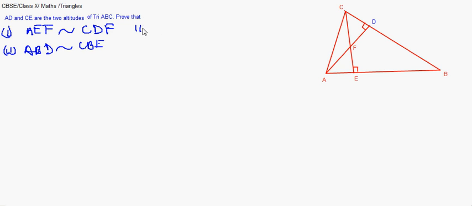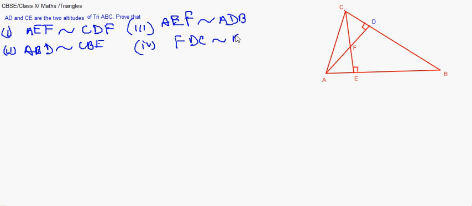The third part we have is triangle AEF similar to triangle ADB. The fourth becomes triangle FDC similar to triangle BEC. They all have triangle symbols which I didn't write. You can add these symbols here.